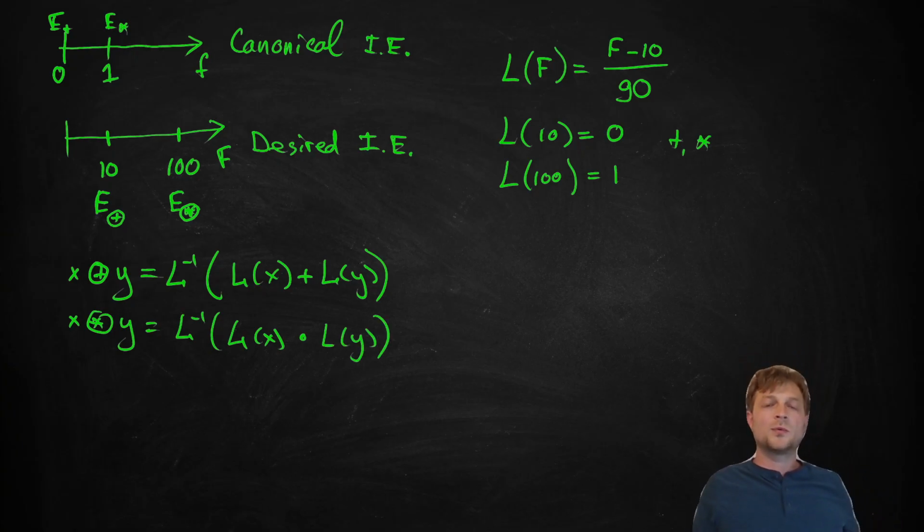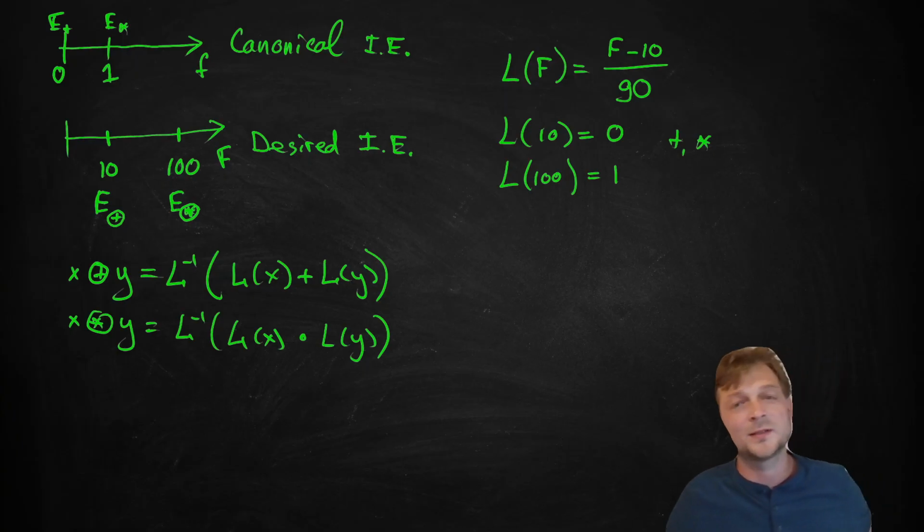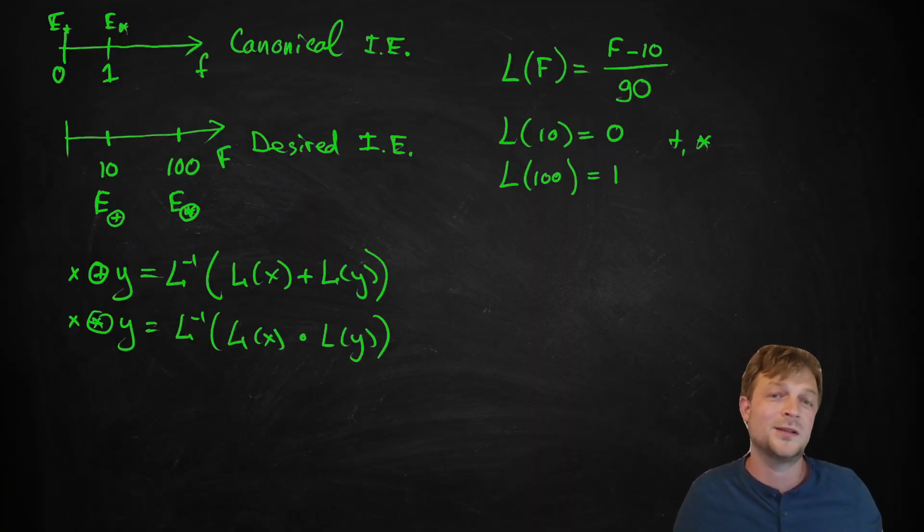So these operations will behave for identity elements as we want. 10 will be the identity for addition, and 100 will be the identity for multiplication.